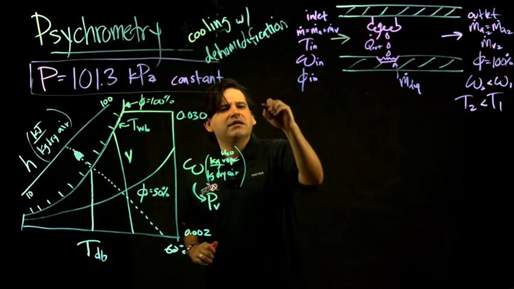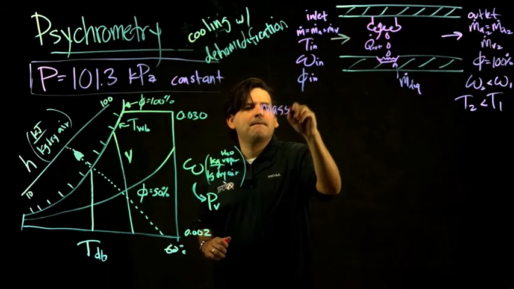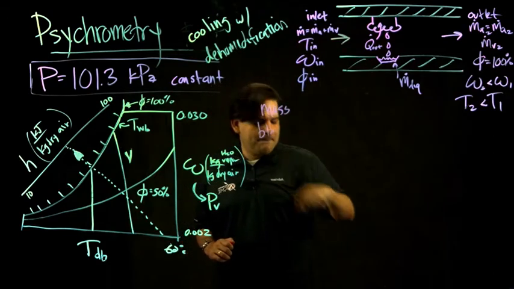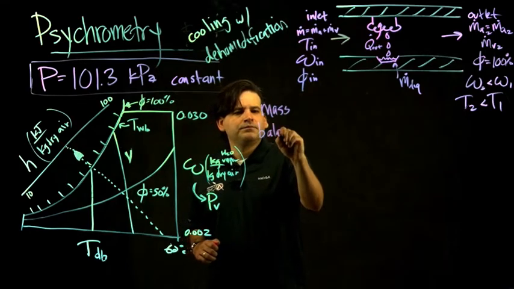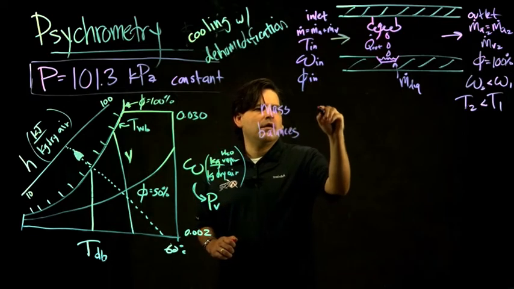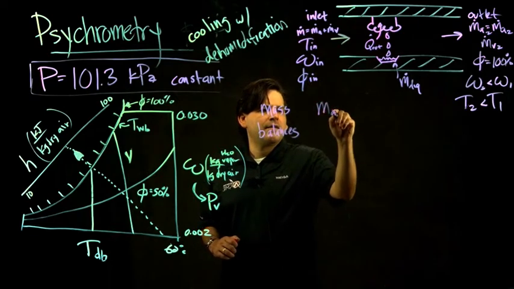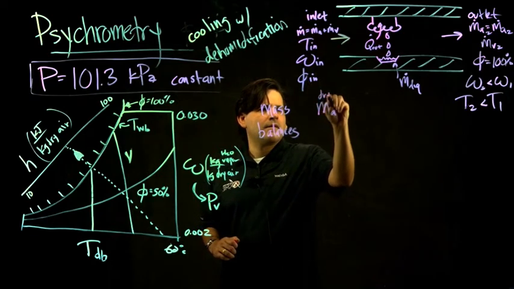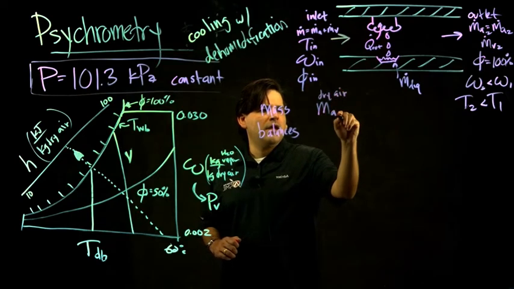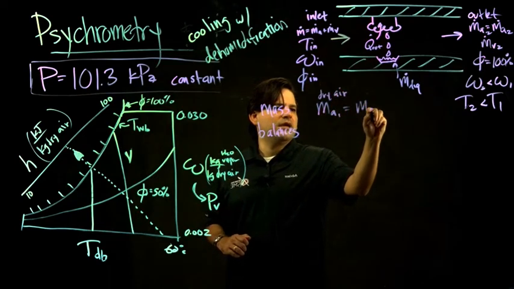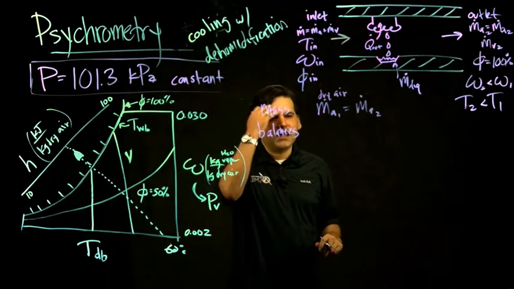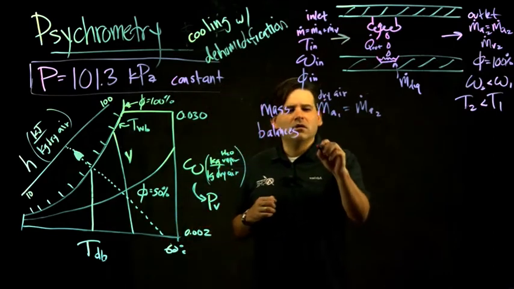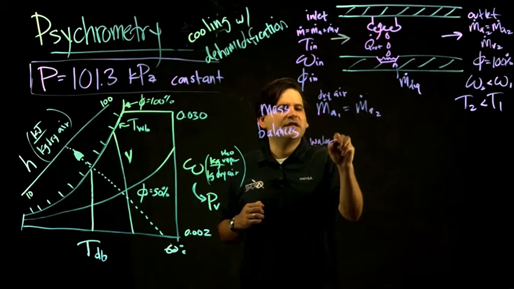So for mass balances, for the dry air, MA1 equals MA2, as usual for all of our analysis in this class. For water, in this case, it's different.